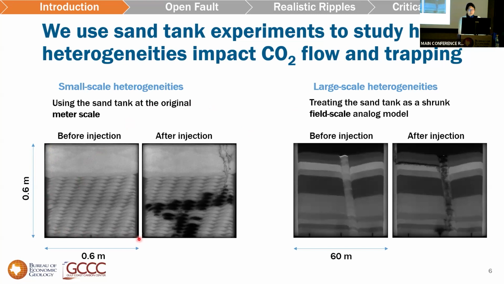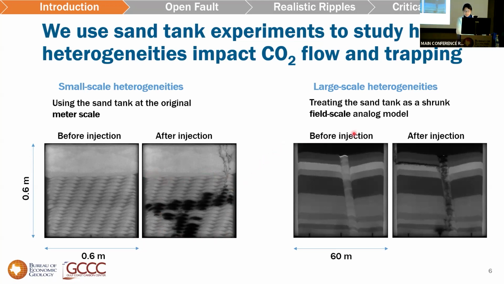And the tank is very thin, 1 to 2 centimeters thick, so that we can shine light through and see exactly what's going on inside the tank. And the heterogeneities that we're studying in this type of sand tank study are from centimeter to decimeter scale. So these are small-scale, realistic bedform kind of heterogeneities.